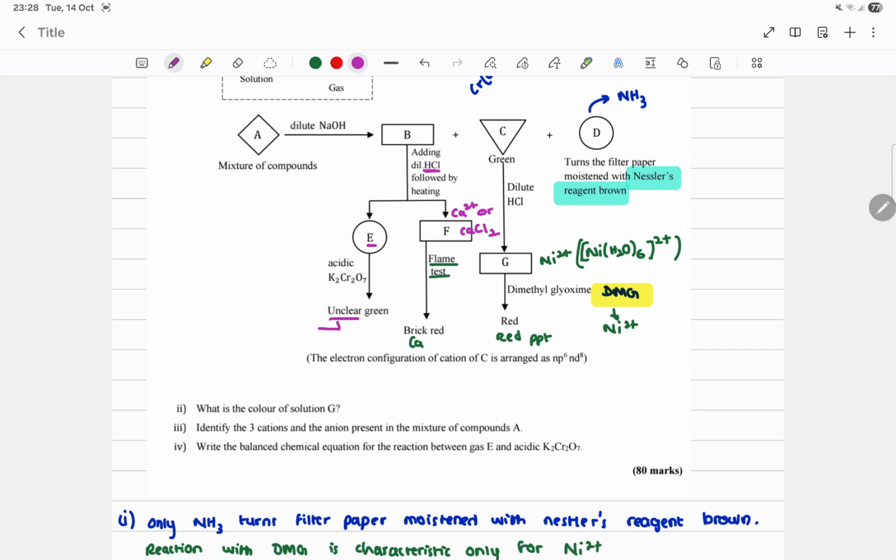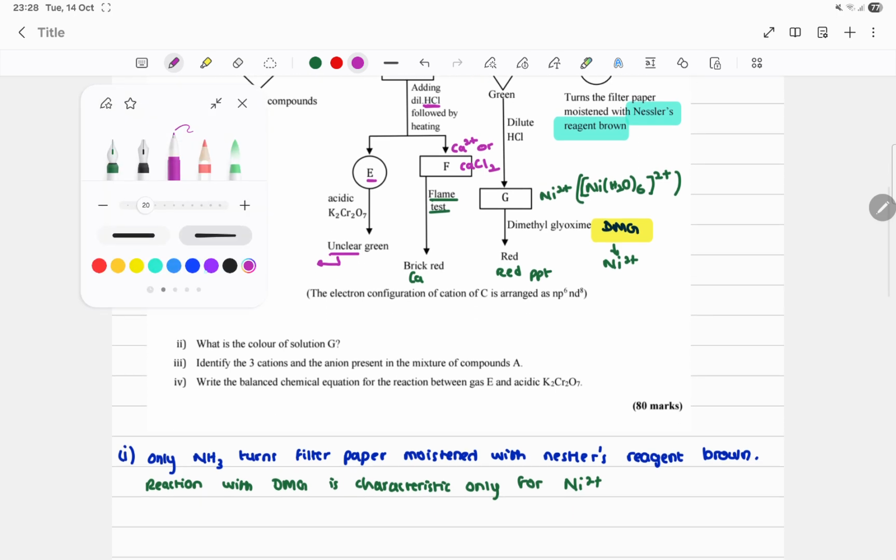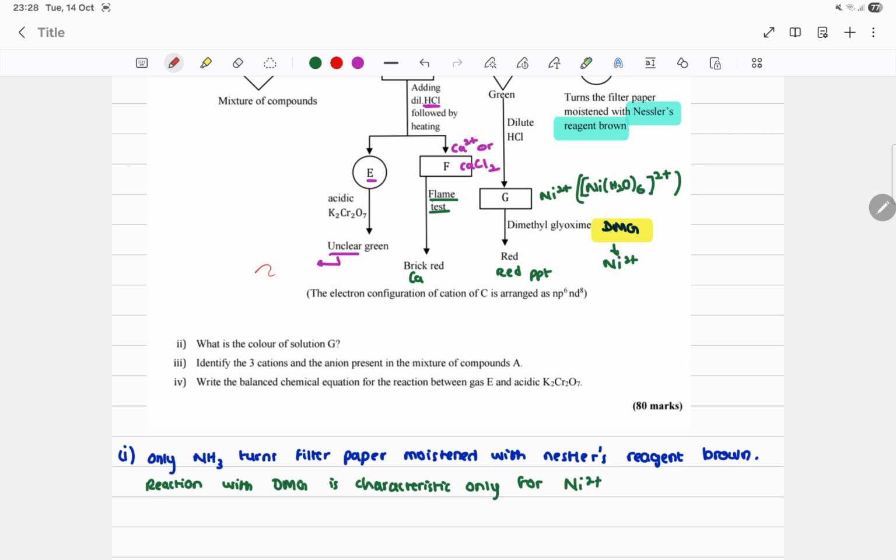Then E. To find out E, unclear. I want to emphasize this point here. Unclear always means sulfur. Sulfur solid is present. Unclear means turbidity.